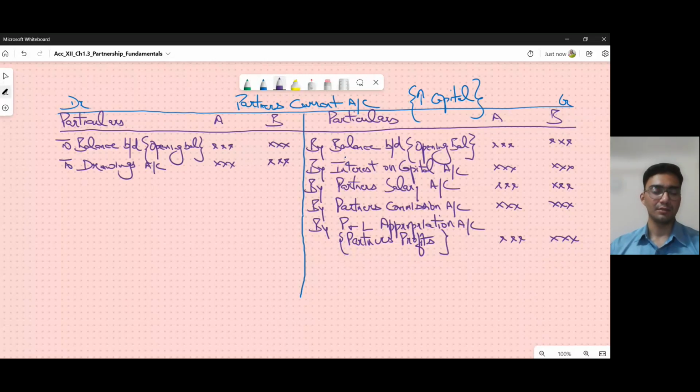We saw that on the liabilities side of a balance sheet, we write under the heading capital, we add the net profit, which is given here, which I'm going to show on the credit side. This is the partner's profit, the last item which we have written in this account. So the net profit plus the capital, which is our opening balance, and minus the drawings.